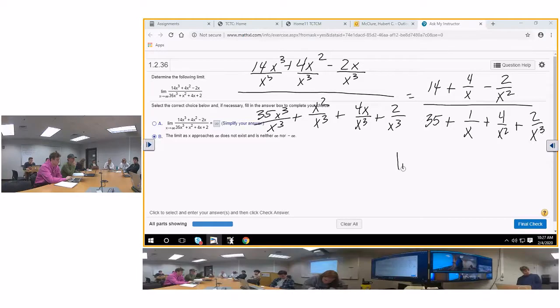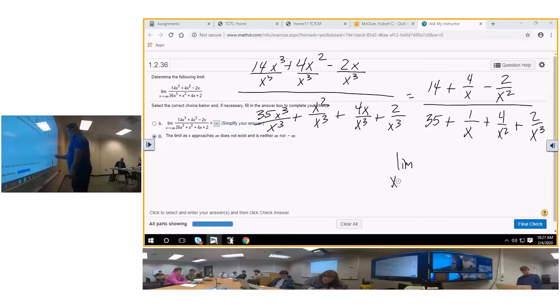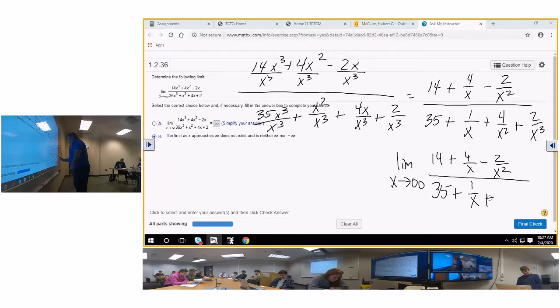Now, limit as x approaches infinity of 14 plus 4 over x minus 2 over x squared, over 35 plus 1 over x plus 4 over x squared plus 2 over x cubed.